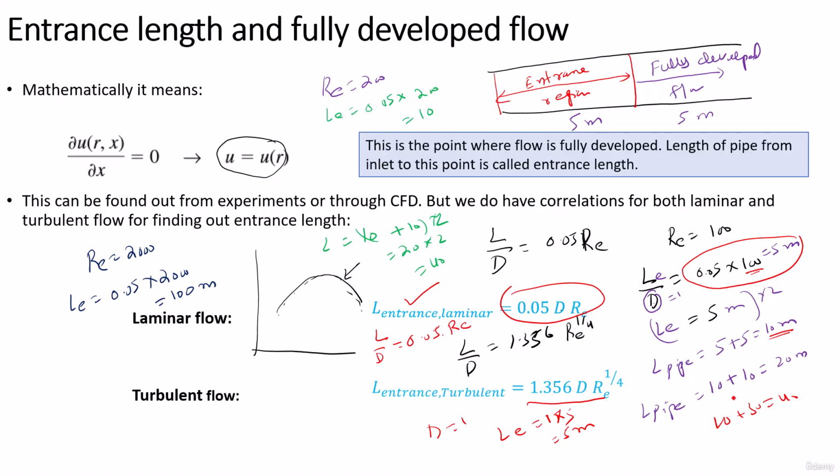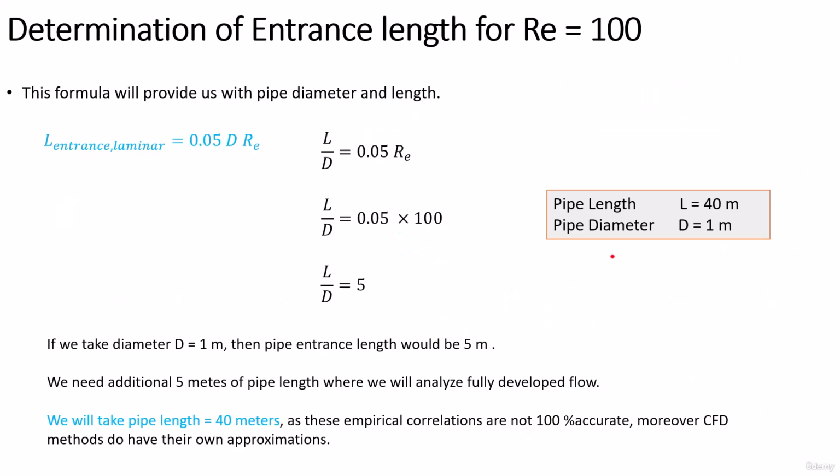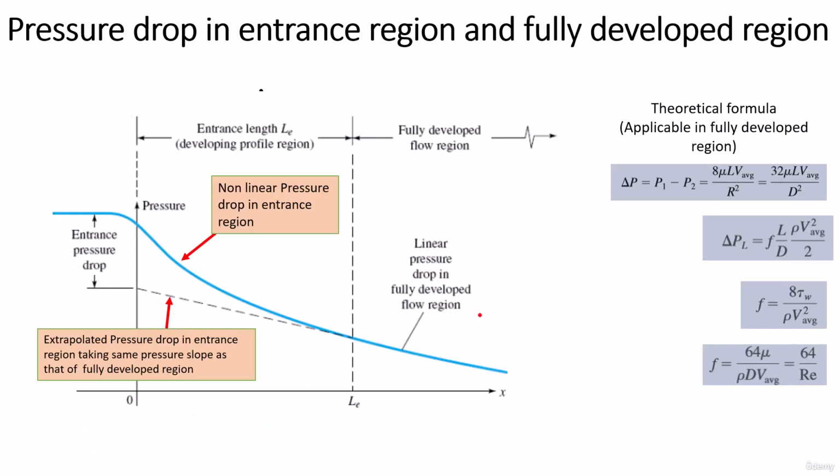Why 30 meters more? Because if I increase the Reynolds number from 100 to 200, 300, 400, this geometry should be able to handle those Reynolds numbers, since as you increase the Reynolds number, the entrance region also increases. Maybe you want to run other cases with different Reynolds numbers, and then this will be very helpful.